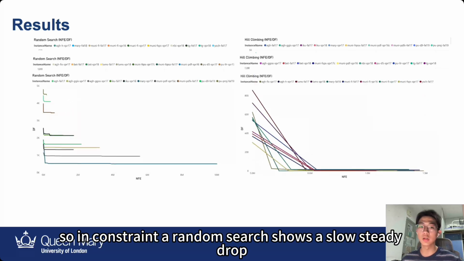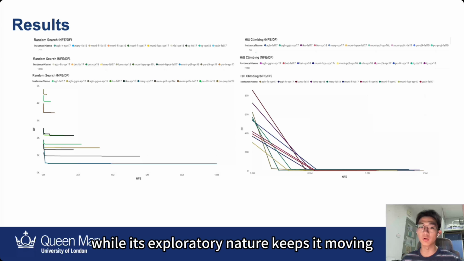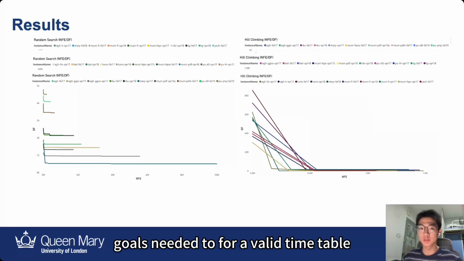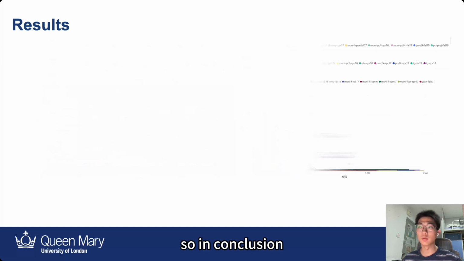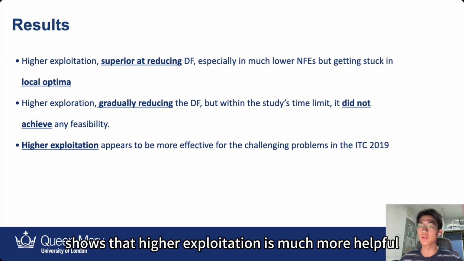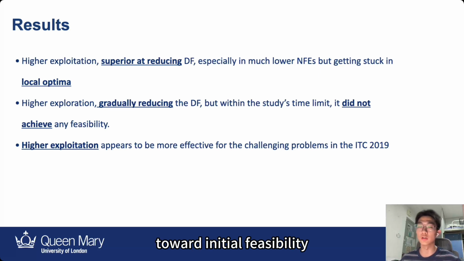In contrast, random search shows a slow, steady drop throughout the entire process, while its exploratory nature keeps it moving. It has a really hard time reaching the very low DF goals needed for a valid timetable. In conclusion, our study clearly shows that higher exploitation is much more helpful for driving complex timetable problems toward initial feasibility.